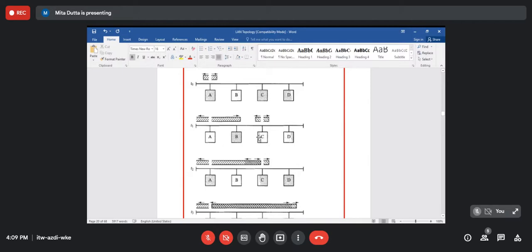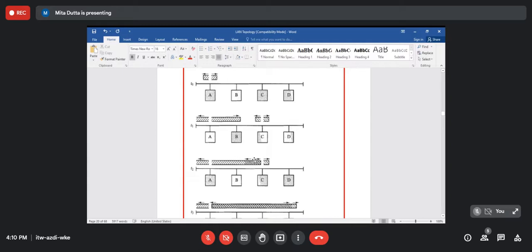But C is far from station A and the signal has not yet proceeded nearer to C, so at the instant of time t1, C finds the medium is idle and begins to transmit. Since the transmission is in both ways, the signal will go along this side as well as this side. As the signals proceed, at instant of time t2 these two signals will collide with each other.